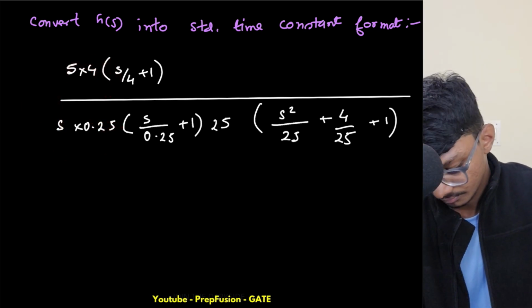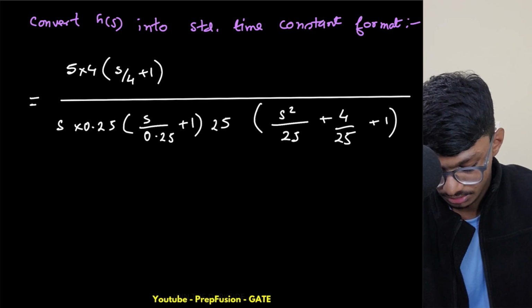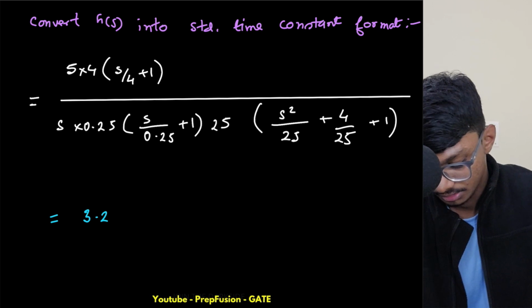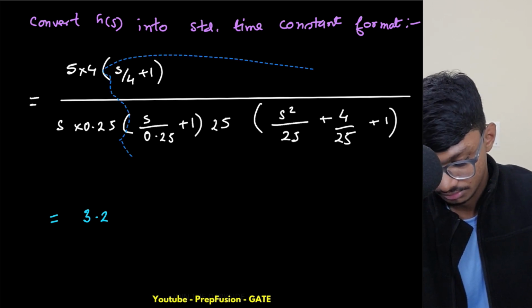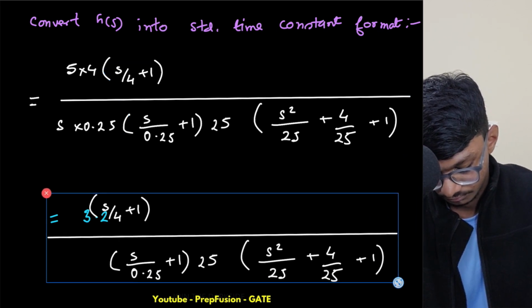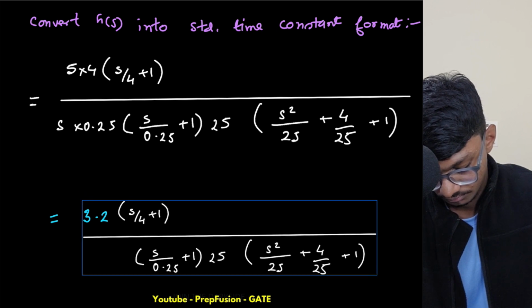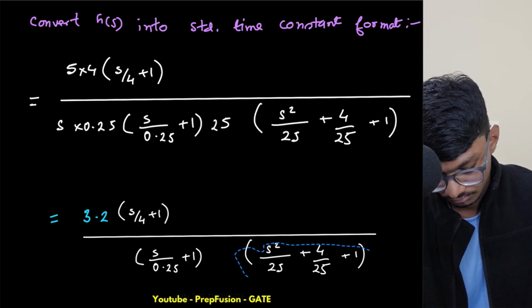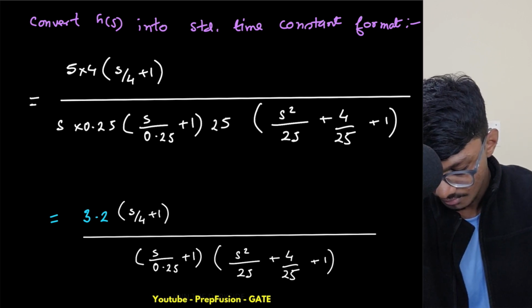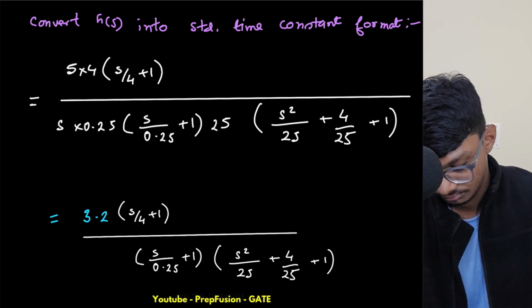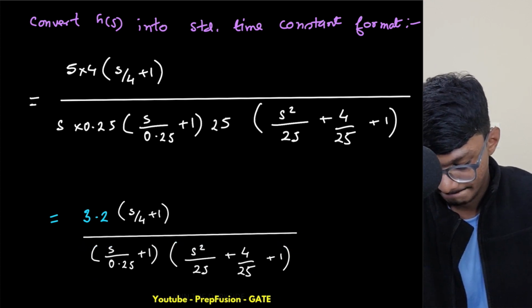What do you get? This is 3.2, and this is equal to k.